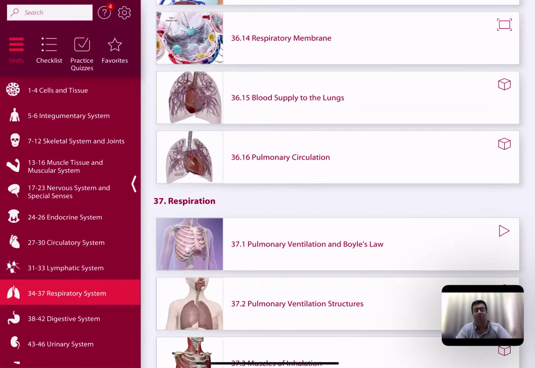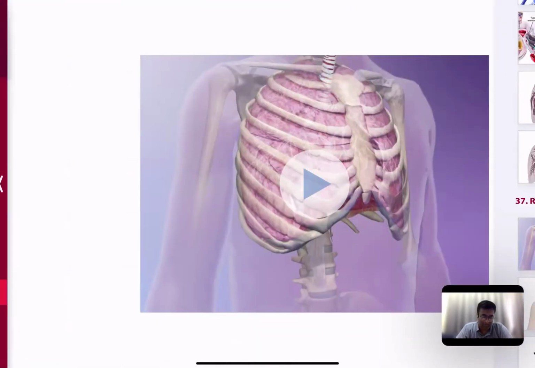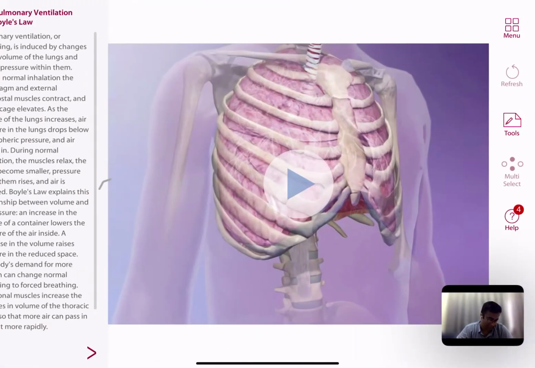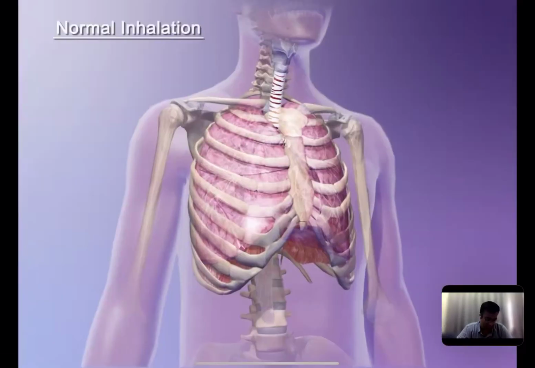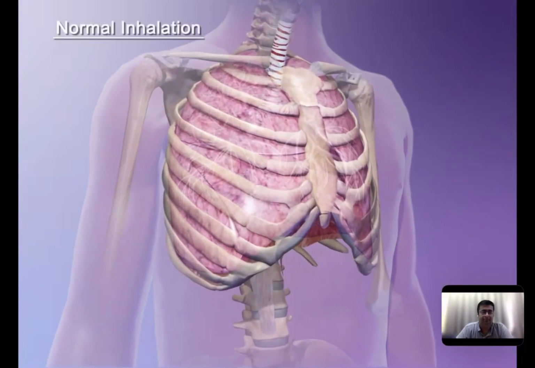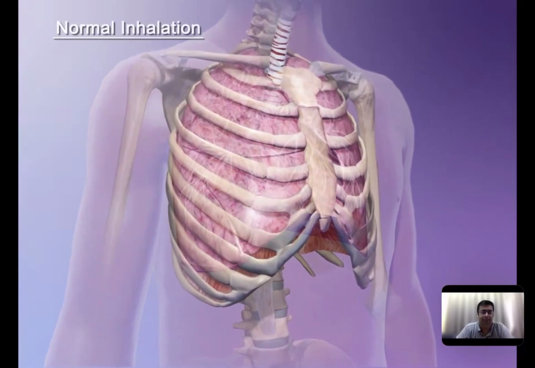Okay. So the breathing movements are facilitated by the intercostal muscles as well as by the diaphragm. So let us understand how the intercostal muscles and the diaphragm help in ventilation, or exchange of gases. Pulmonary ventilation, or breathing, is induced by changes in the volume of the lungs and the air pressure within them.